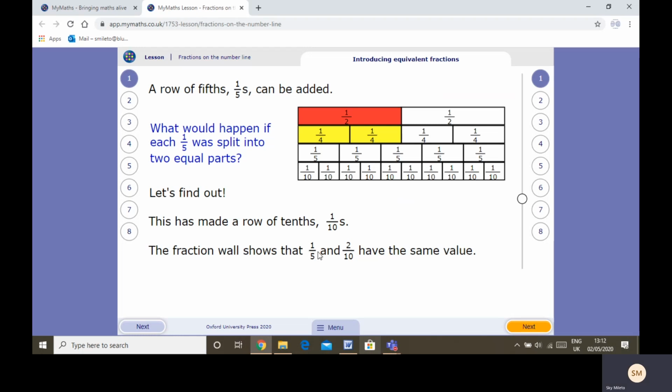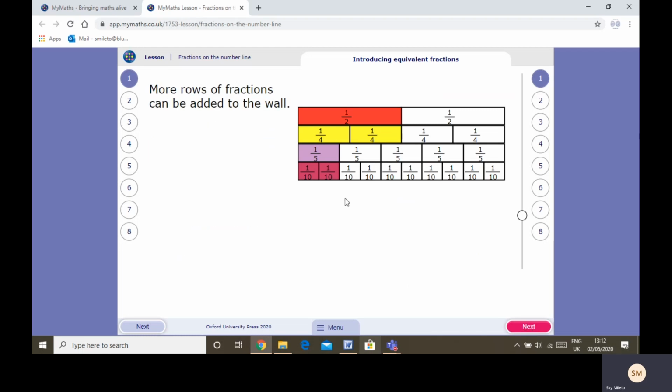So the fraction wall shows that 1/5 and 2/10 have the same value. They are equivalent fractions. But we can see that a quarter and a fifth are not equivalent fractions, because a quarter is a bigger fraction than 1/5, and a half is an even bigger fraction than a quarter. So we cannot say that a quarter and a fifth are equivalent fractions.